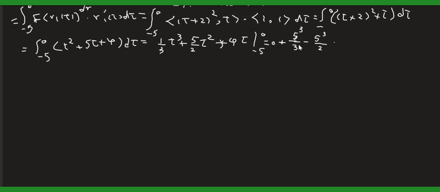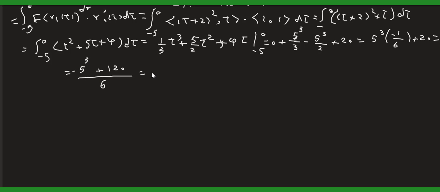So here I factorize 5 over 3. 1 over 3 minus 1 over 2 is 2 minus 3, which is minus 1 over 6, plus 20. So here we will get 5 with denominator 6, so minus 5 times 25 plus 120 over 6, so here is 125, which minus 120, so I will get minus 5 over 6.